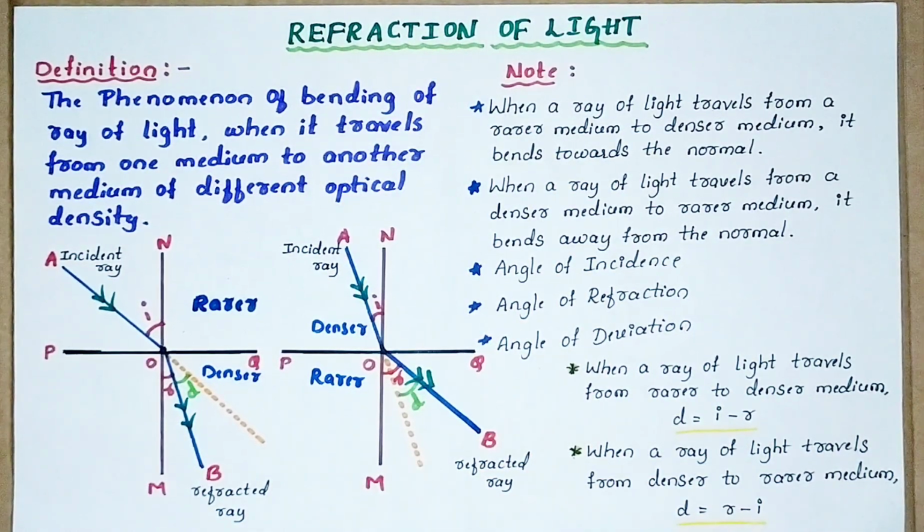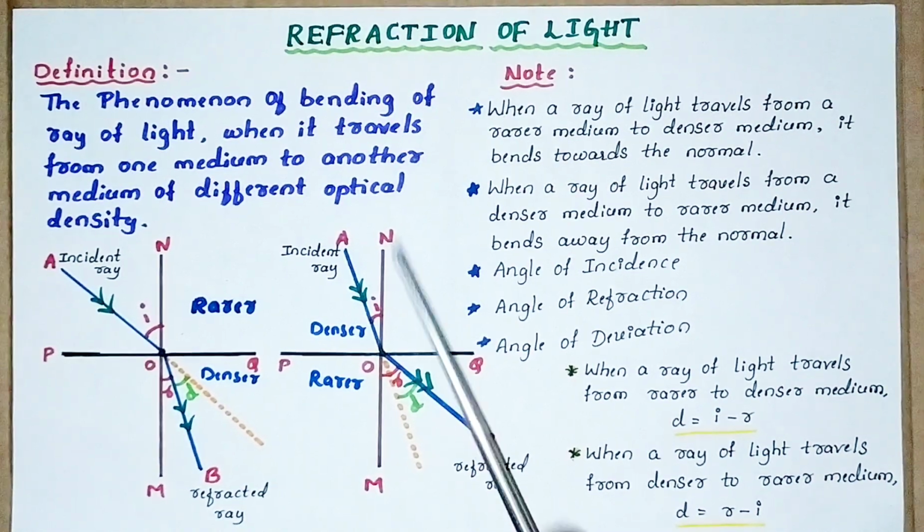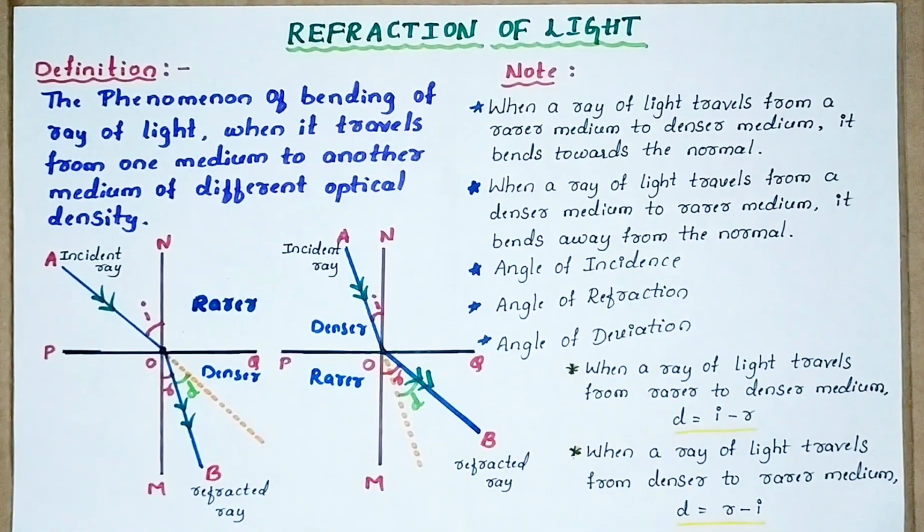Remember, what is the cause of refraction of light? Refraction of light takes place only because of a change in the speed of light. Because of the change in the speed of light, bending of light takes place, and this phenomenon we call refraction of light.